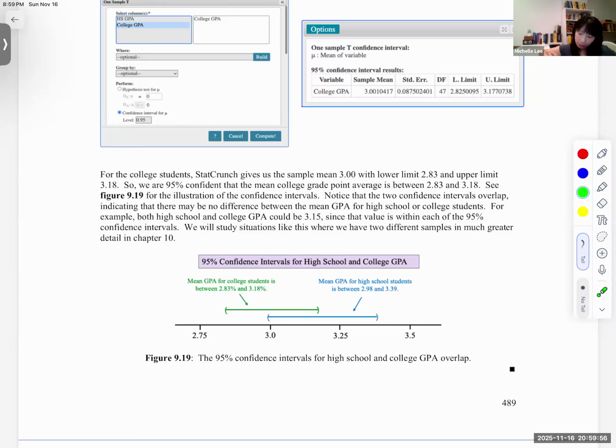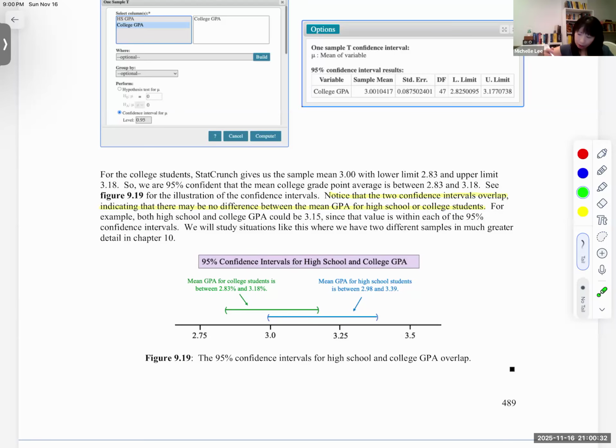Okay, so what does this mean? Notice that the two confidence intervals overlap, right? So this indicates that there may be no difference between the mean GPA for high school or college students. We will study more about the two samples in chapter 10.